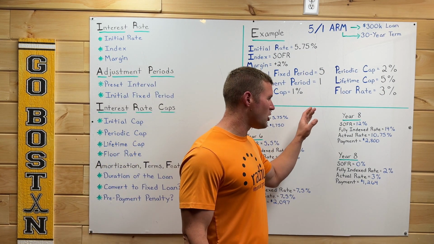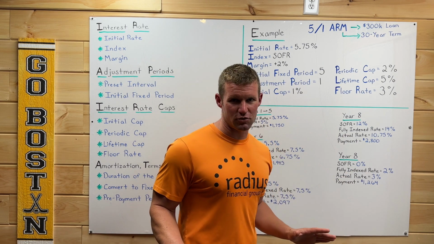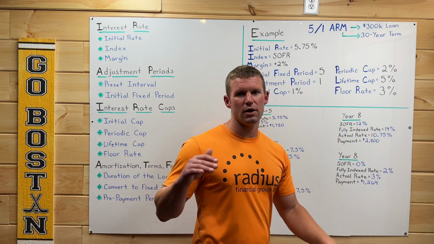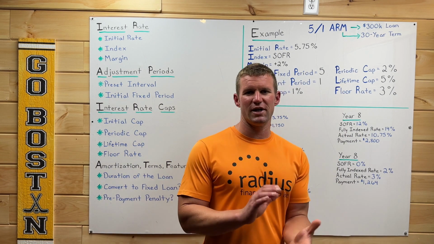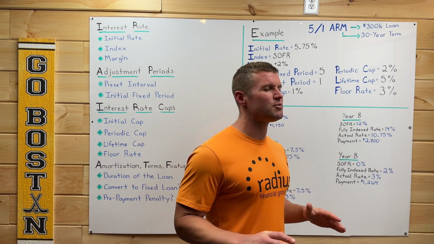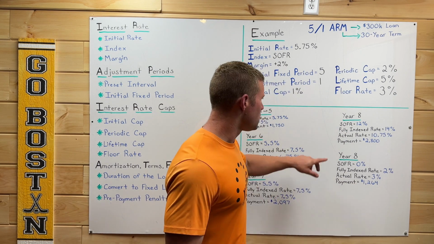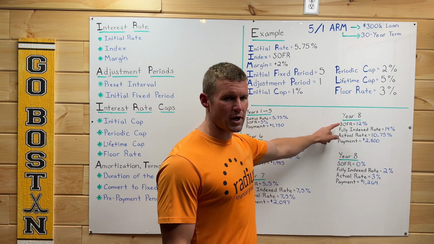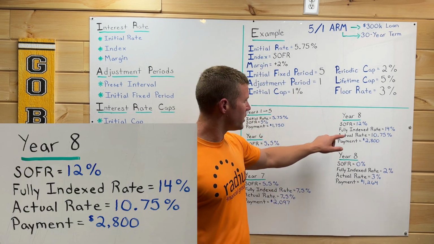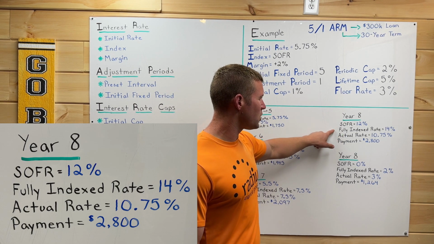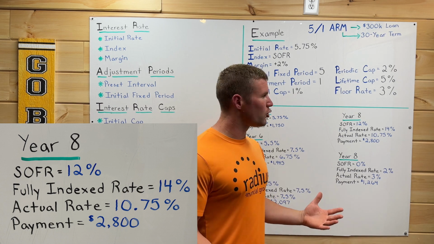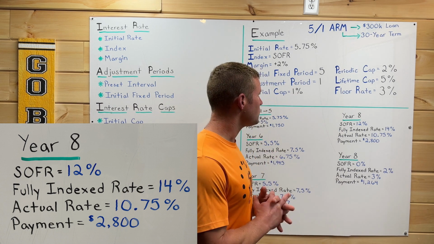All right, now let's talk about year 8. We're going to talk about 2 extreme scenarios, right? One where rates skyrocket, the other one where rates plummet. So first one, let's say in year 8, interest rates absolutely skyrocket. The SOFR goes up to 12%. So it went from 5.5% all the way up to 12%. So our fully indexed rate should be 14%, right?